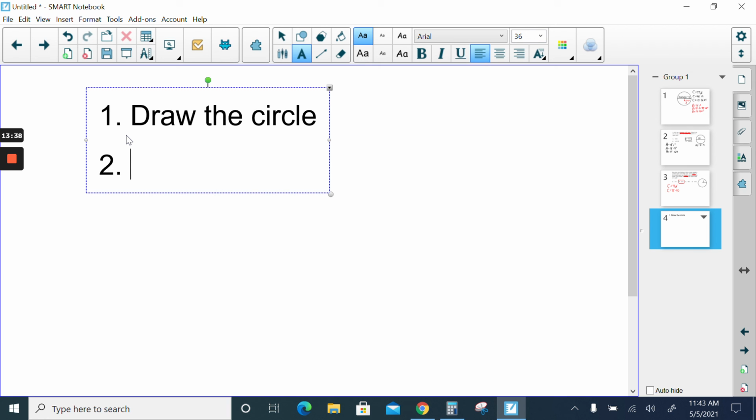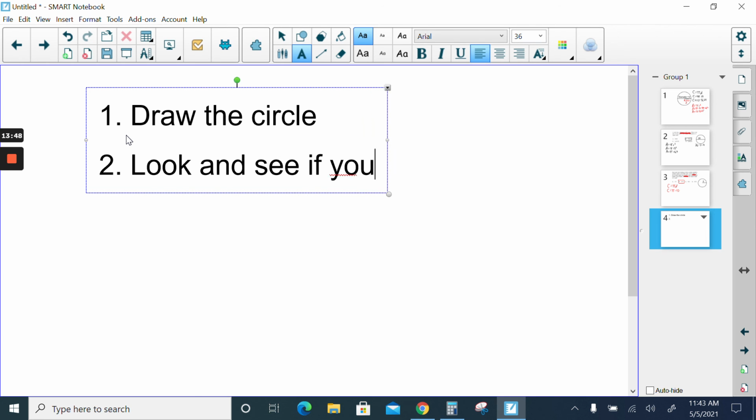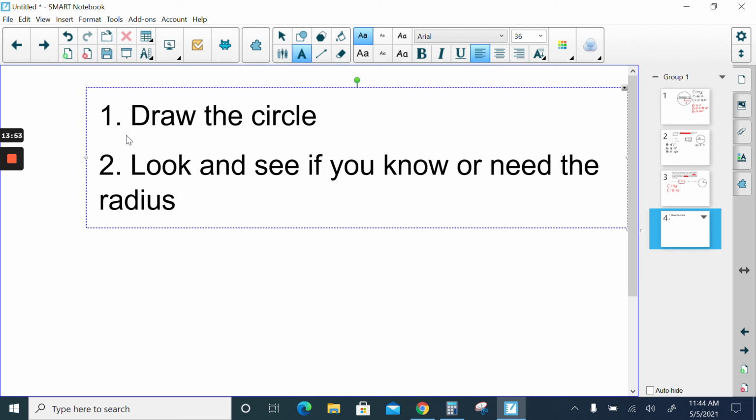The second helpful hint is to look and see if you know or need the radius and diameter. A lot of times, especially in the 2 exact state test questions we just looked at, they are going to tell you the diameter, but you need the radius for your formula. Or they'll tell you the radius and you need your diameter for your formula.